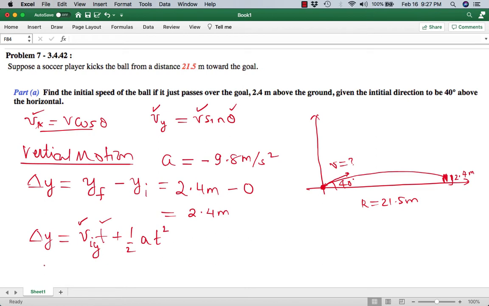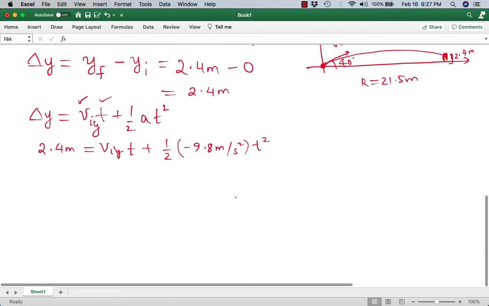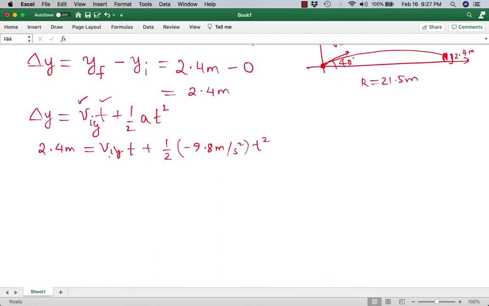Let's plug in: 2.4 meters is equal to, this is unknown Viy, and t is unknown, plus 1/2 times negative 9.8 meters per second squared and t squared. So we cannot find Viy from this equation, so let's just leave it for a second.